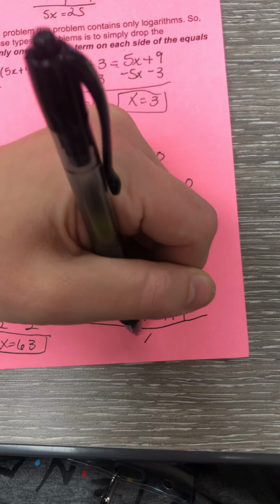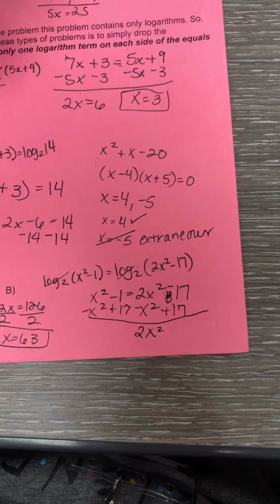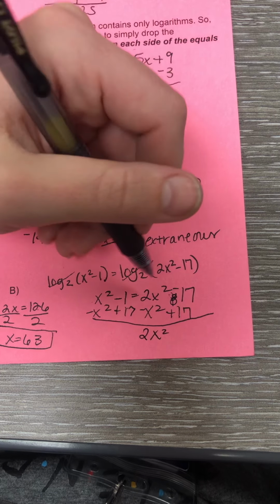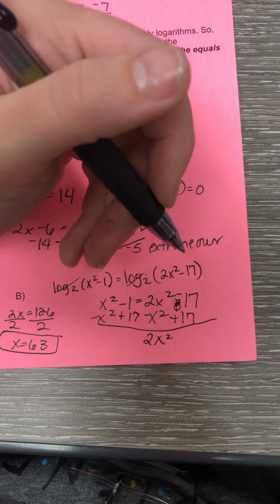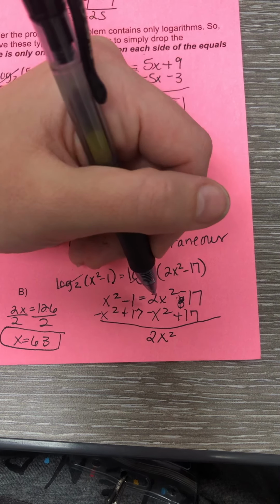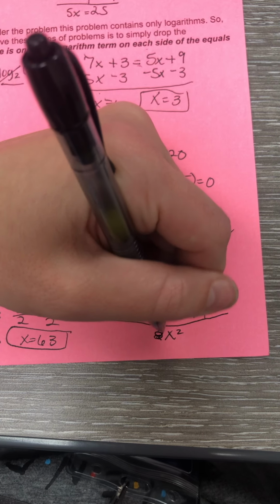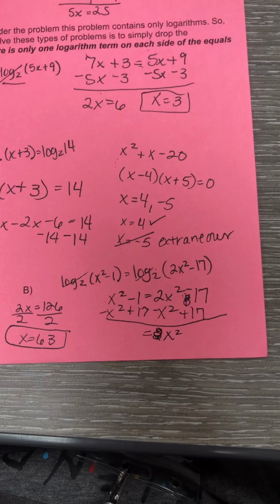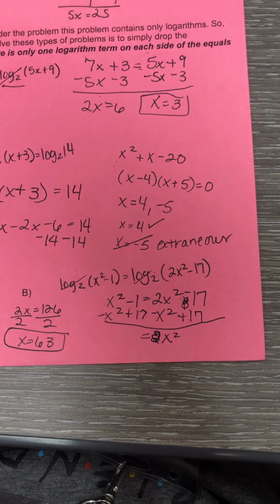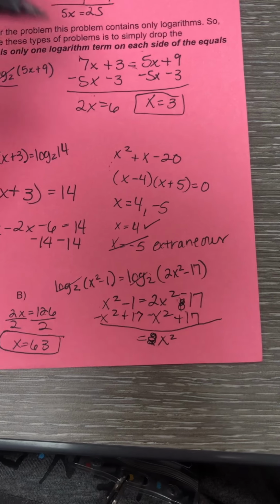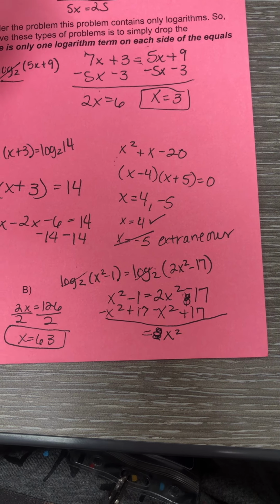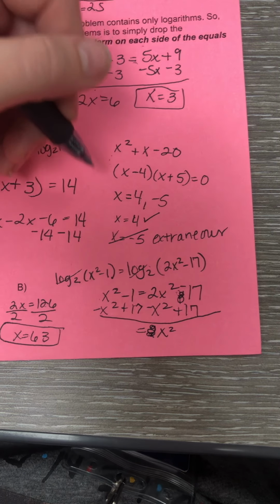So then we're left with 2x squared. Oh, I'm sorry, just wait. Minus, nope, just x squared is equal to, oh, you know what?